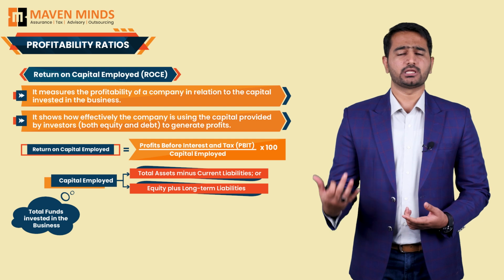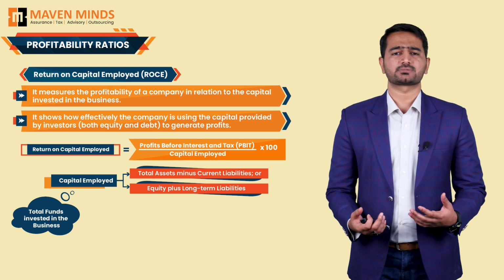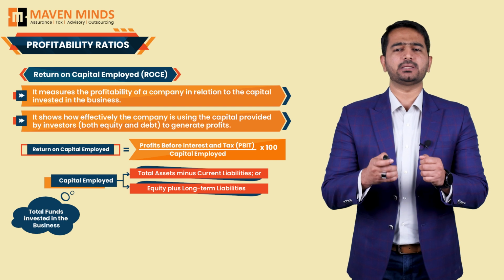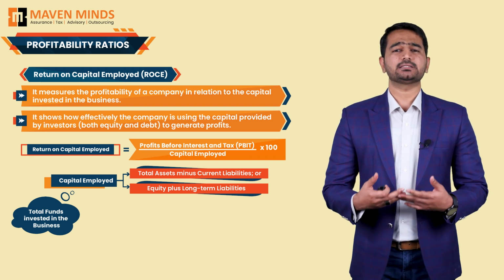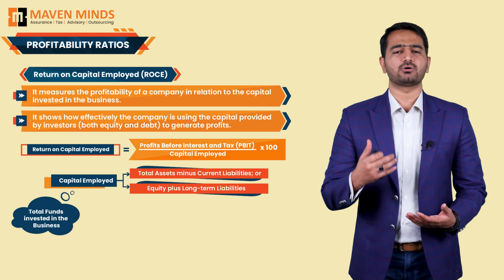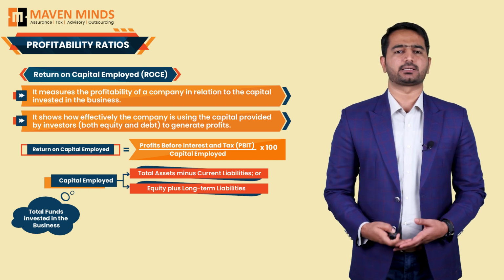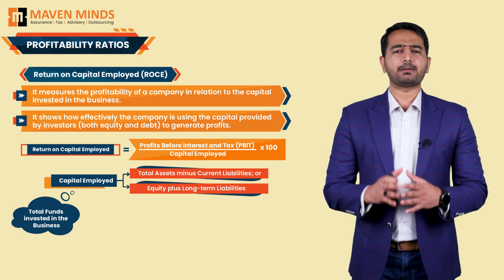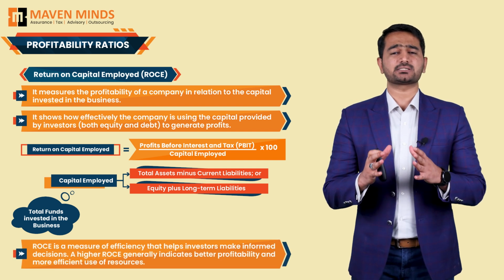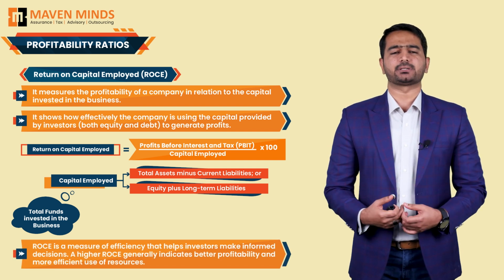Investors, whether equity holders or debt holders, provide funds to the company in terms of capital being employed. And what they really care about is how much profit the business makes on the capital that they have provided. The return on capital employed ratio provides a clear picture of returns earned on the invested capital.